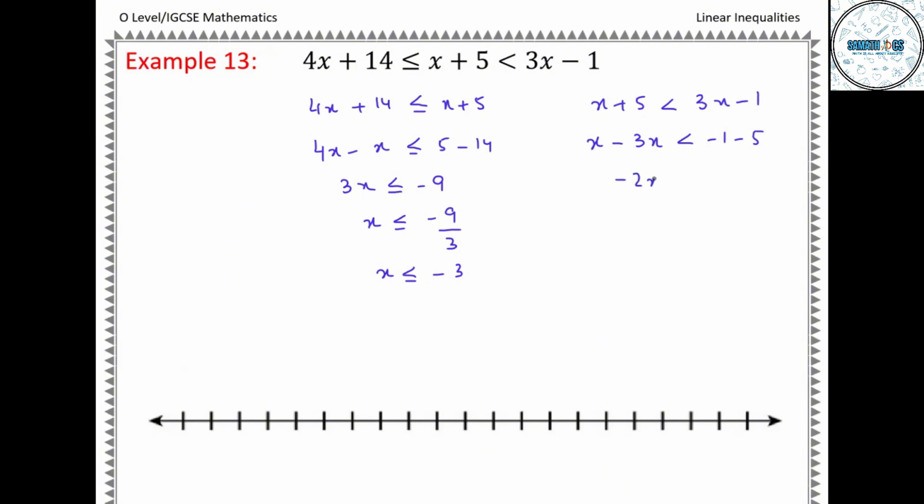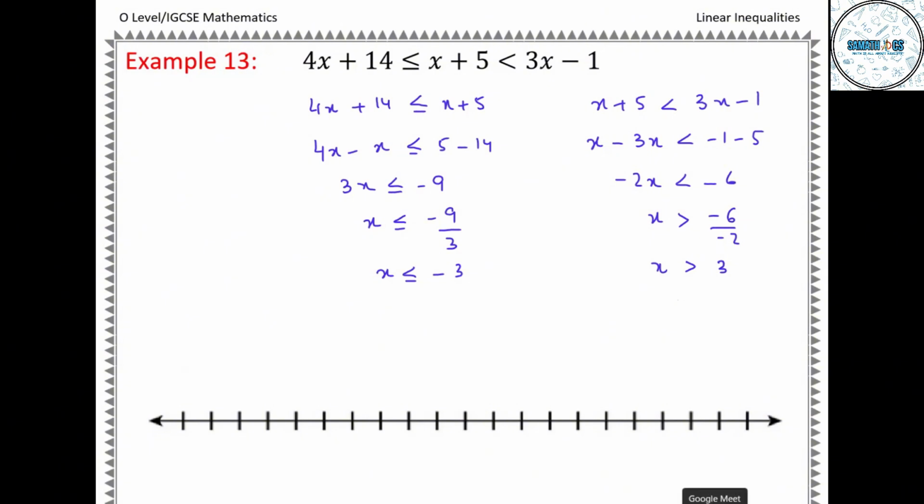So minus 2x is less than minus 6. Now we will be dividing this minus 6 by minus 2. Now the sign of inequality will be changed. So x is greater than 3.